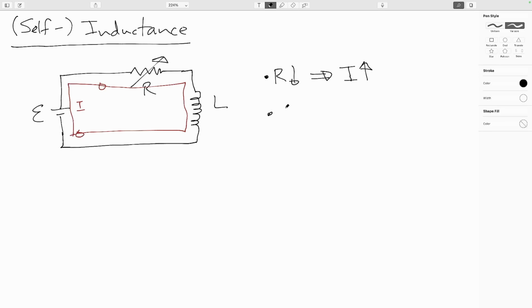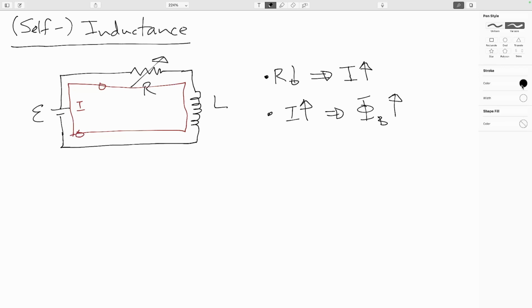And this is because if the current goes up, what is happening to the magnetic flux inside our inductor? It's also going up, because this is a solenoid, and the magnetic field strength of a solenoid is proportional to the current. We're not changing the shape of it. So if the current goes up, the magnetic flux goes up.